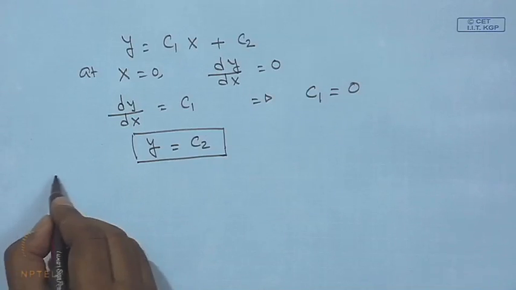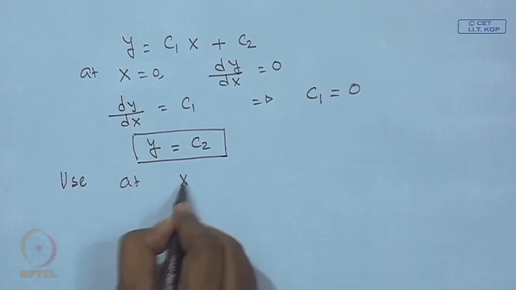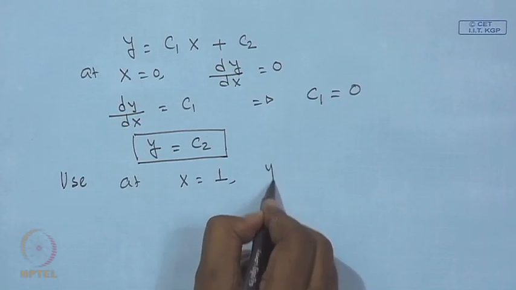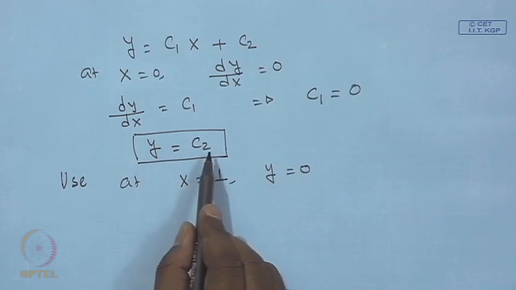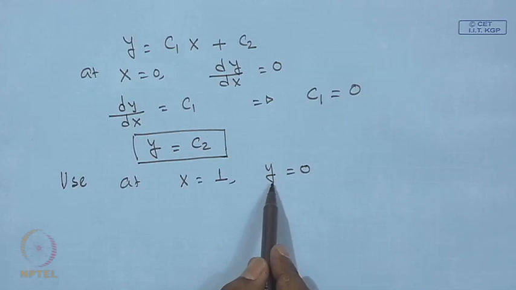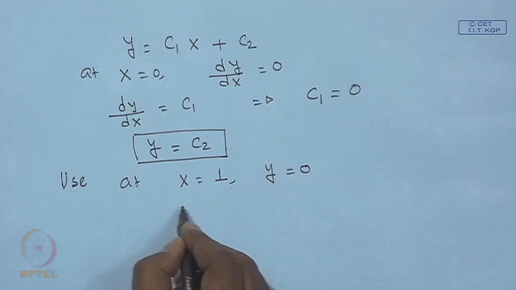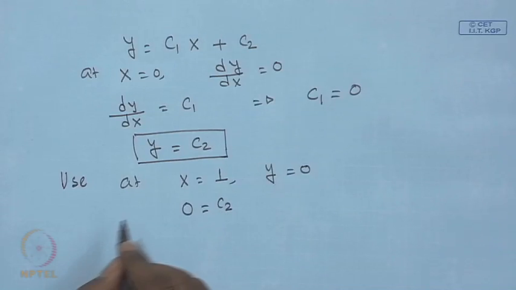Now, use the other boundary condition, that is at x is equal to 1, y is equal to 0. So, there is no variation of y with respect to x. Since y is constant, in order to satisfy this boundary condition, you have to have y is equal to 0, that is c 2 is equal to 0.